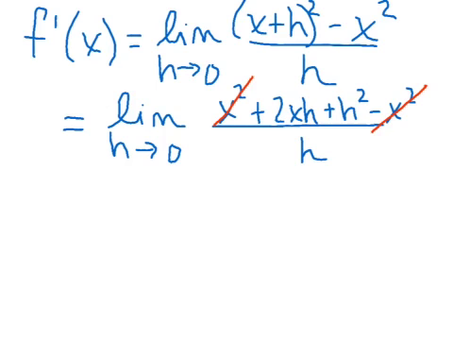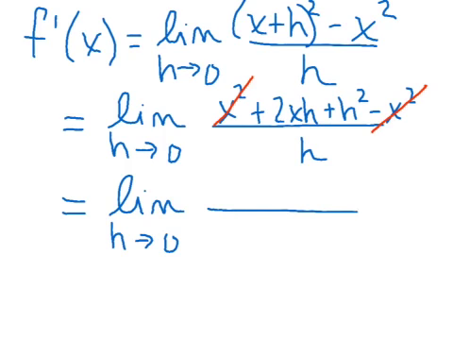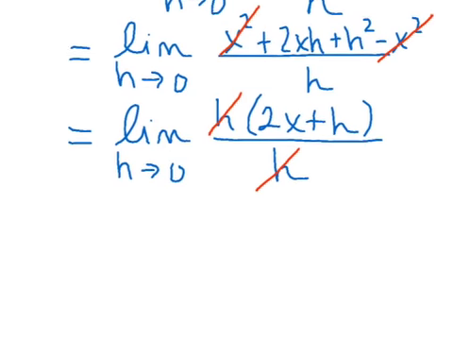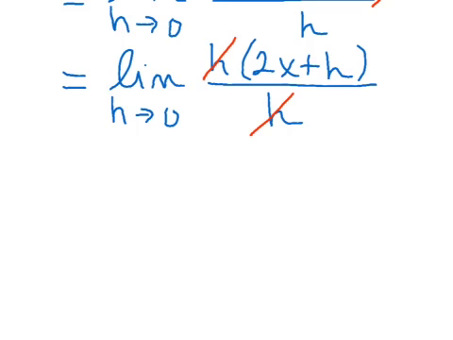So let's do that. And we get a limit as h goes to 0 of h times 2x plus h over h. And I'll pull out a different color to cancel. Remove the hole in the graph, and then we can rewrite our solution.